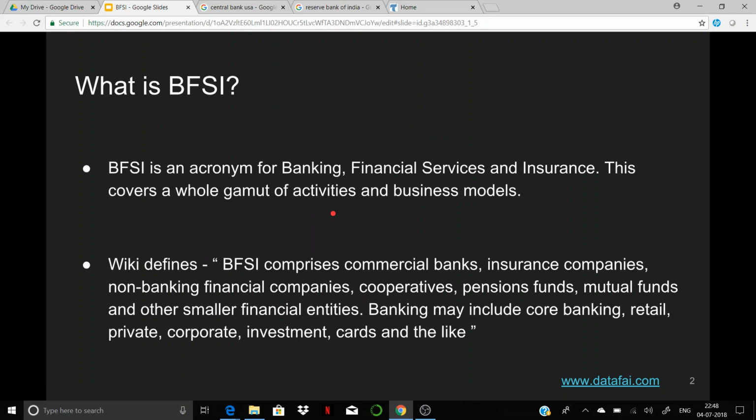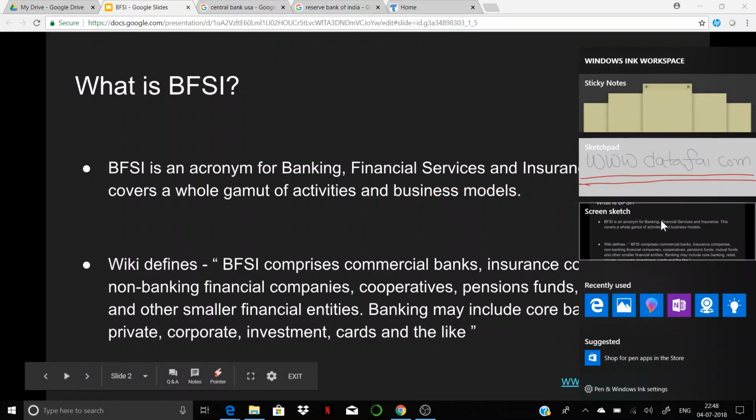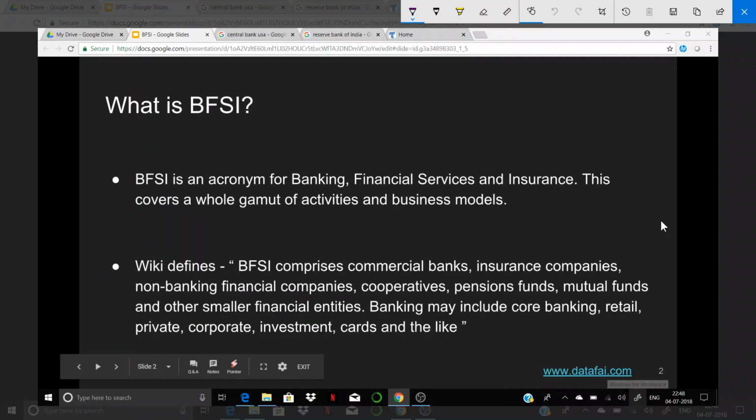So let's begin with what is a BFSI, right? And we will spend maybe a few minutes talking about that just to really make sure everybody is comfortable. Let me just bring up my marker. So BFSI is an acronym, first of all, and it's short for banking, financial services, and insurance, right?